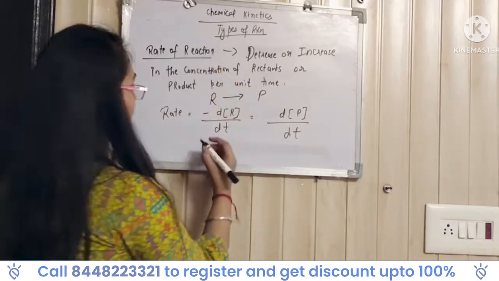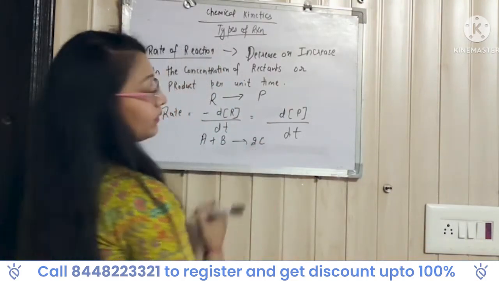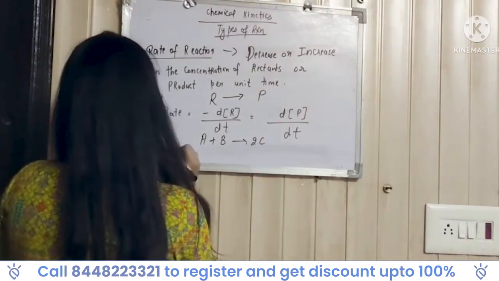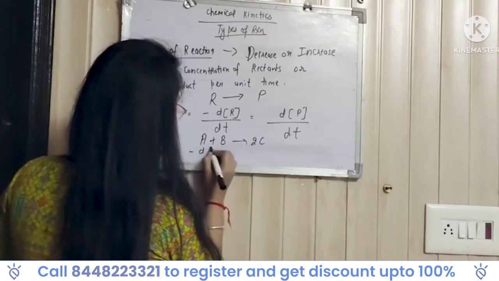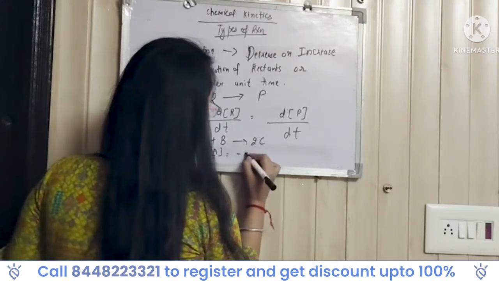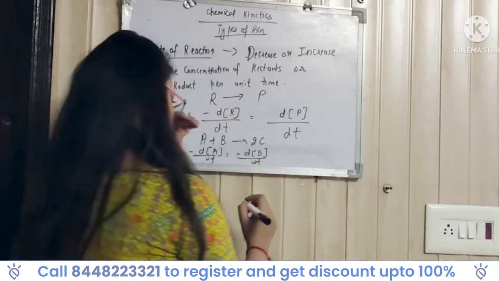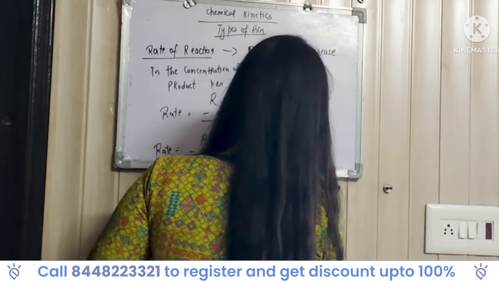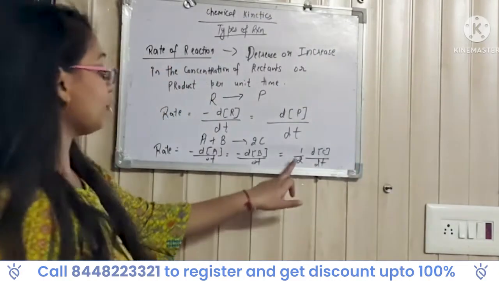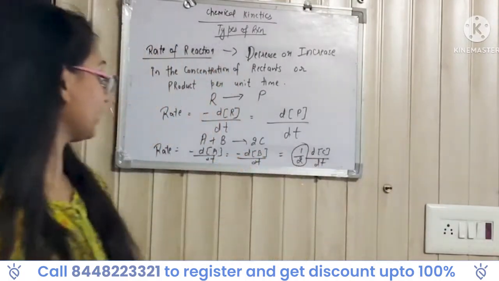Consider a reaction A plus B gives 2C. Now what's the rate for this reaction? The decrease in the concentration of A, and of B, is equal to the increase in concentration of C. Now from where does this half come, and how?